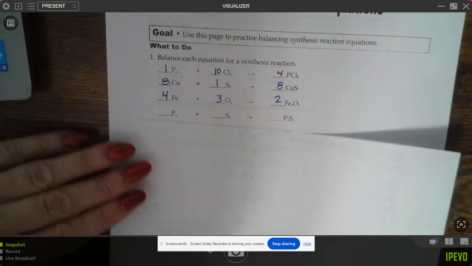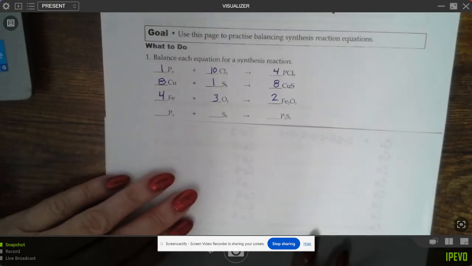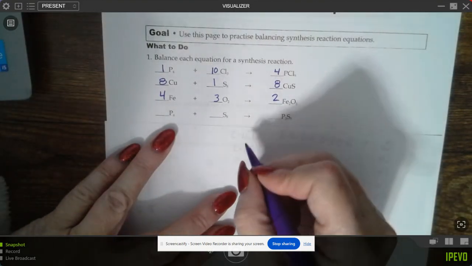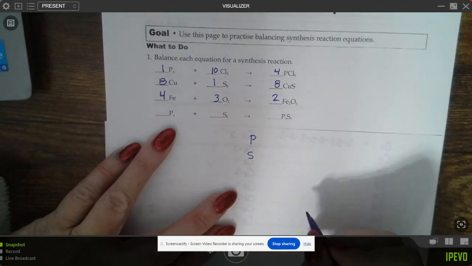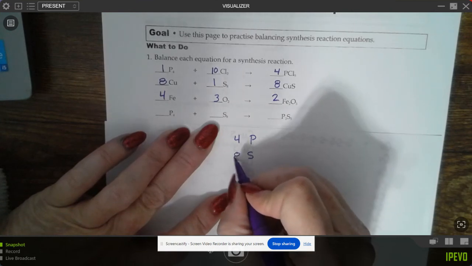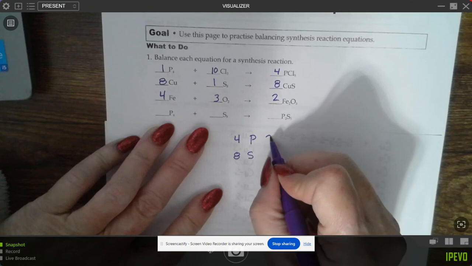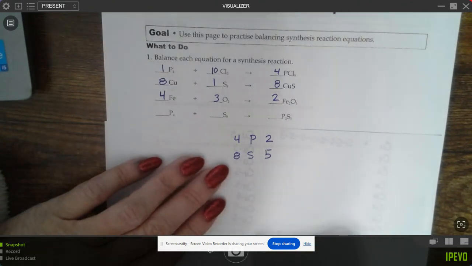Let's see. This one, I'm going to try to do using the number in the middle method. So I have phosphorus and I have sulfur. Here I have 4 phosphorus and I have 8 sulfur on the reactant side. On the product side, I have 2 phosphorus and 5 sulfur.